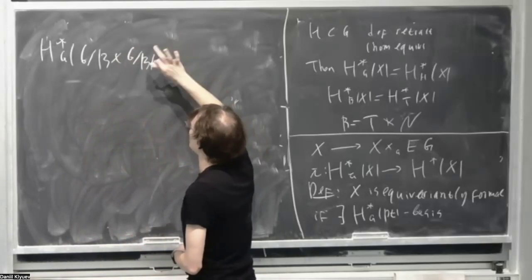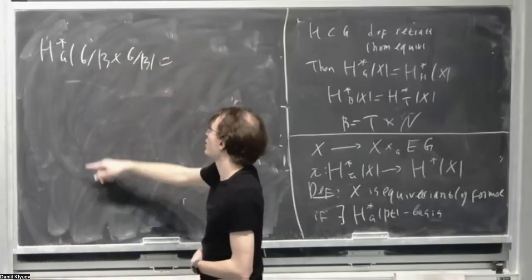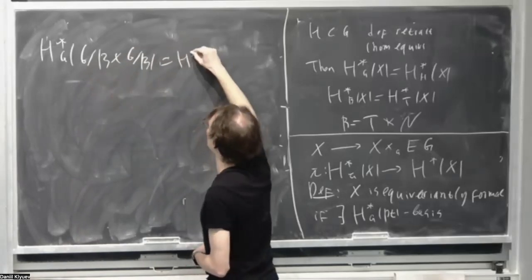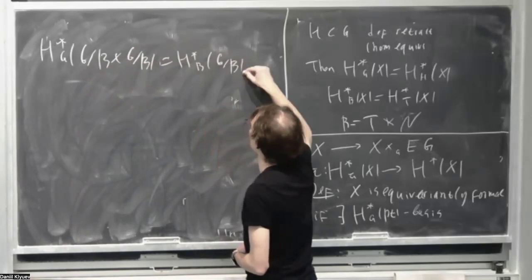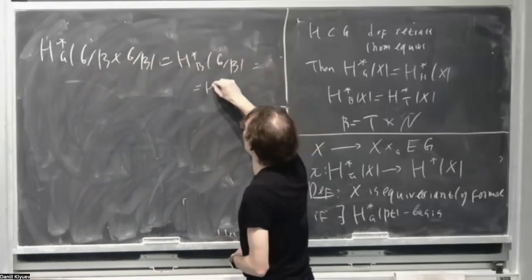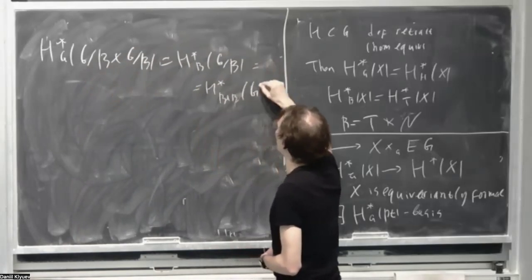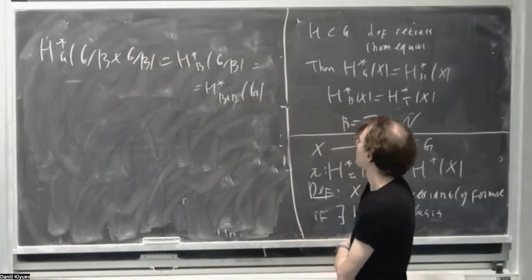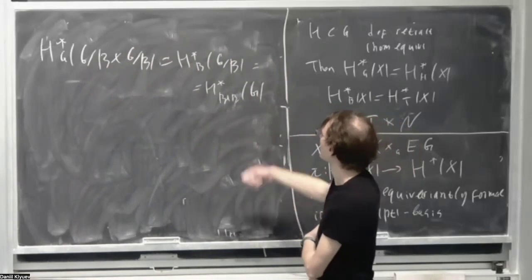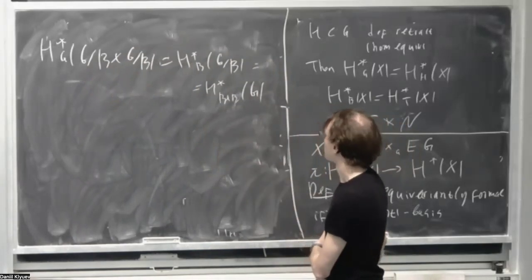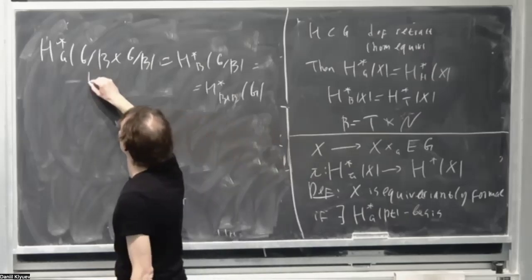So first there are a bunch of tricks. As I've erased here, we can replace G with B to have H star B, just G over B, or we can send this B back, G over B equals B over G. Let me just write it.